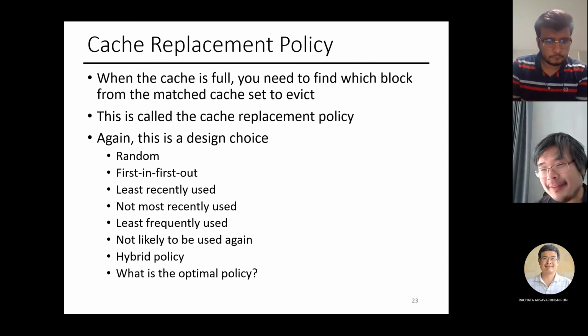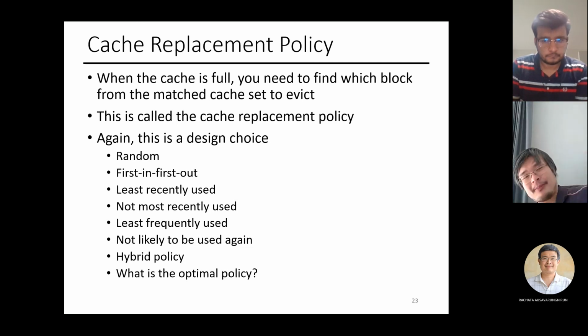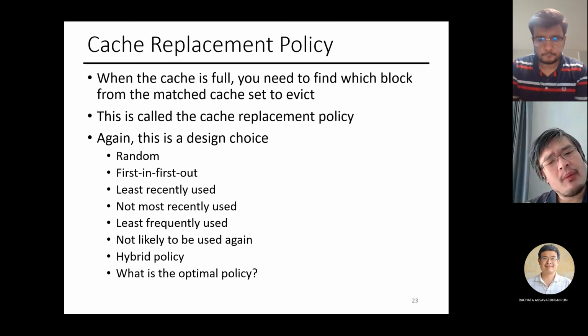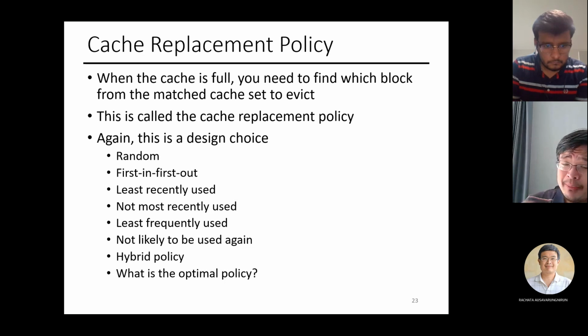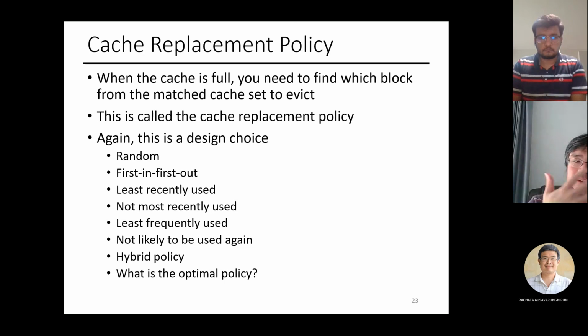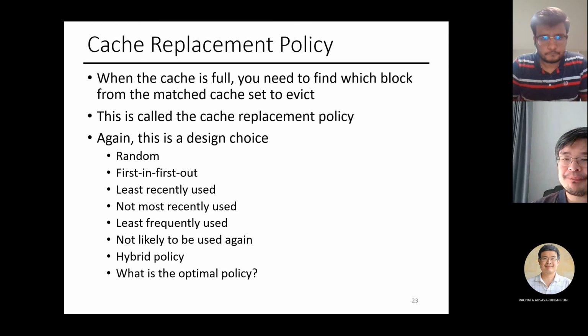Least frequently used, which is based on the frequency of reuse. Or if you can somehow predict the future, not likely to be used again. Or a hybrid policy. In some sense, there's no optimal policy that's implementable. So let's go through some of these designs.